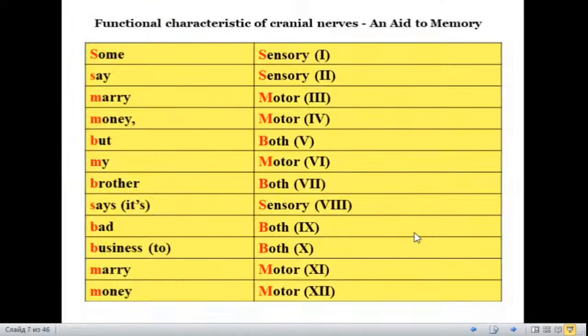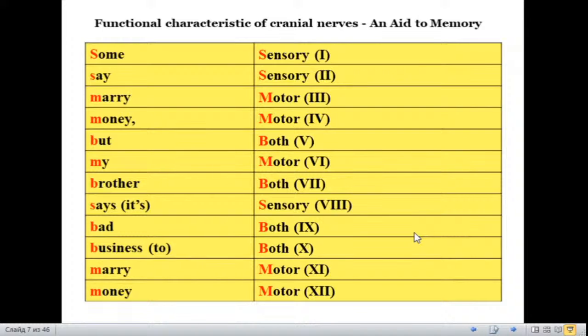How to memorize more easily the function, sensory, motor, or mixed? This mnemonic, as for me, helps you to memorize. There is a sentence: Some say marry money, but my brother says it's bad business to marry money. The first letter S in words indicates sensory, letter M motor, B both.